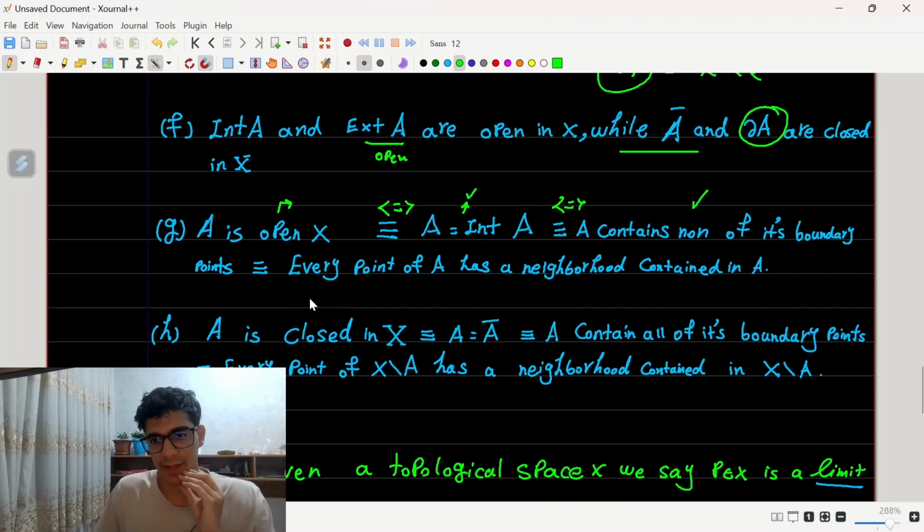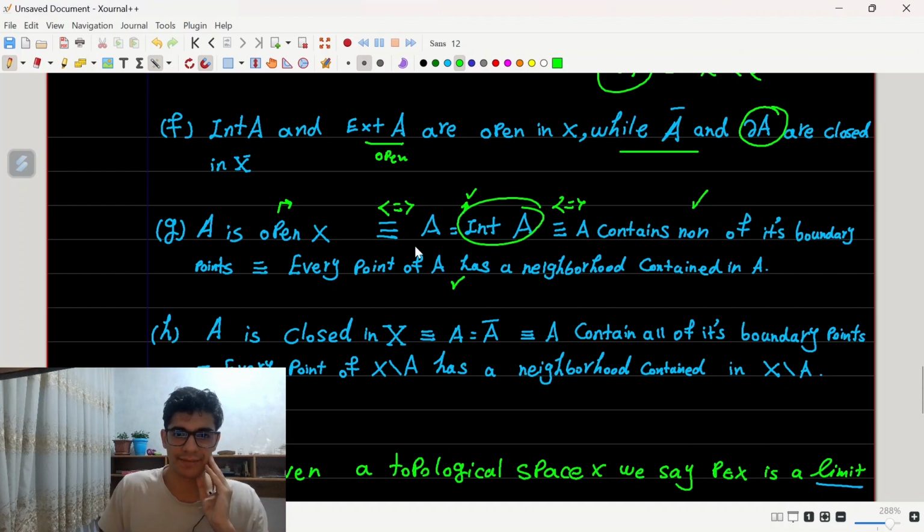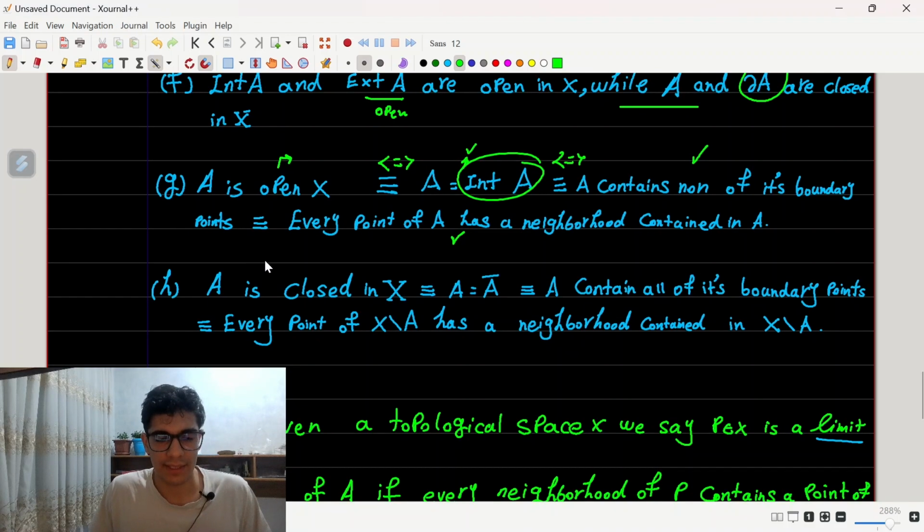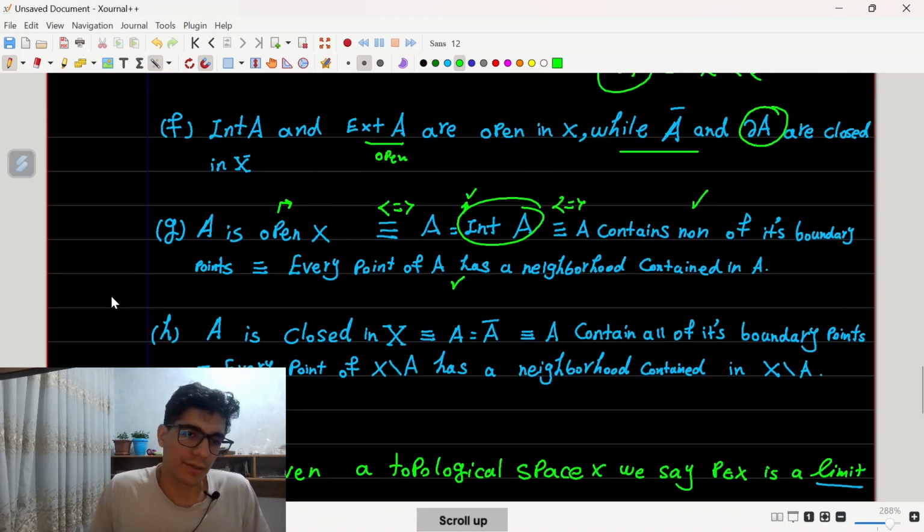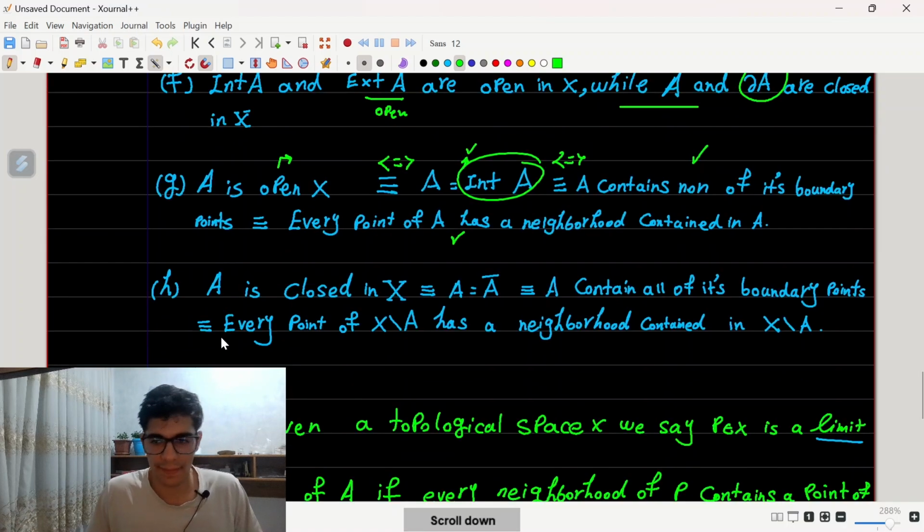Every point of A has a neighborhood contained in A. Again, since A is open, or you can use this, it's a collection of open sets. Now you can do the same for these closed ones. They're just slightly different. So you can go through all of these separately and prove them for yourself.